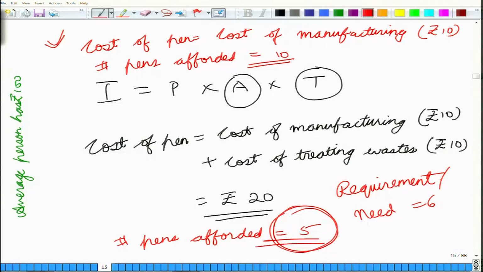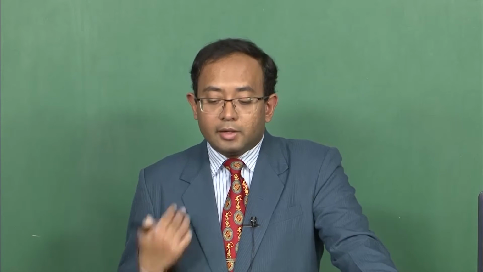That is not a good scenario, because you are not able to meet your needs. But then there is a difference between needs and wants. Probably I might need 6 pens, but it is also possible that I might want 1000 pens. So, there is a difference between need and want.